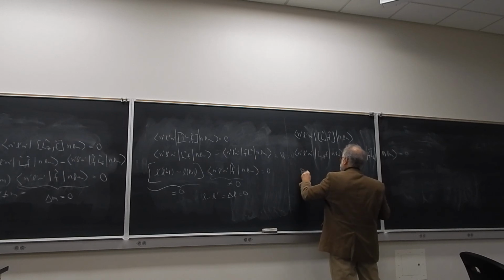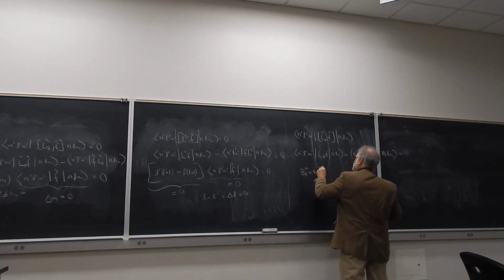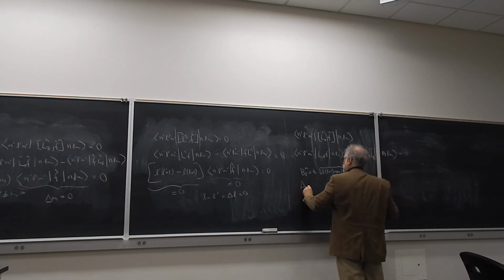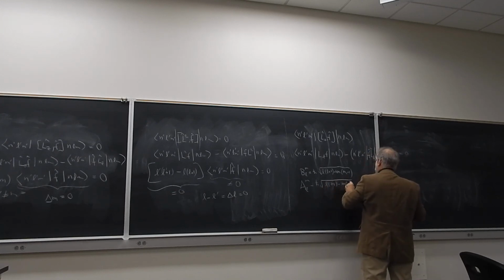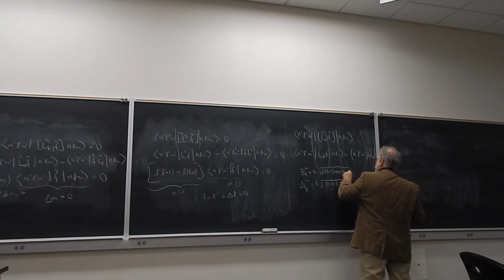Let's use a little, we'll define B sub L M as H bar square root L plus 1 minus M plus 1. We'll define A sub L M as H bar square root L plus 1 minus M plus 1. This is M minus 1 on top.